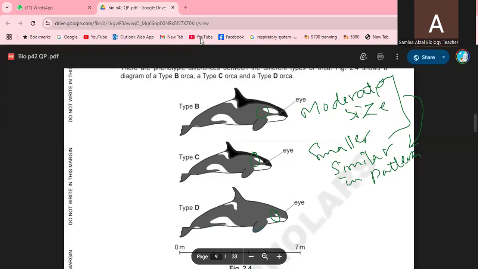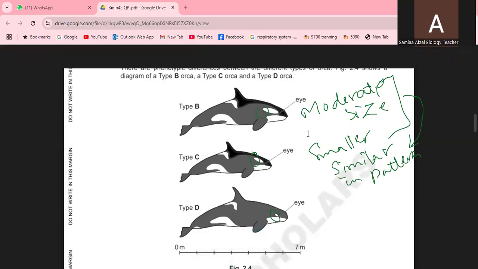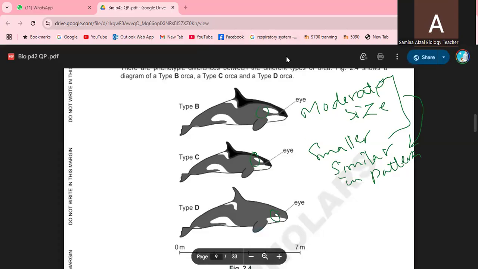This smaller white patch is significantly reduced compared to type B and type C. So the overall body shape might also appear slightly different. You can say more slender or more pointed head through this diagram. So you can see this is a little bit more cylindrical in shape. So I'm going to write the answer in the given space.